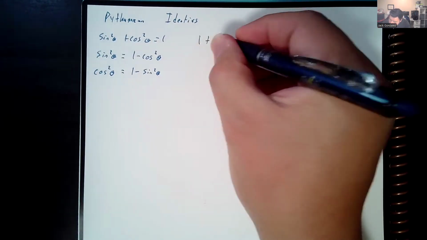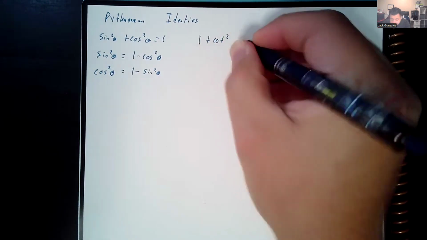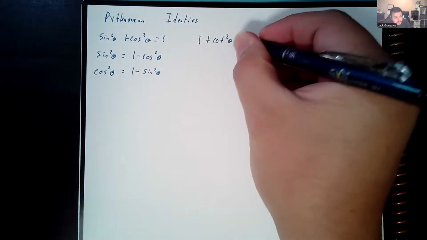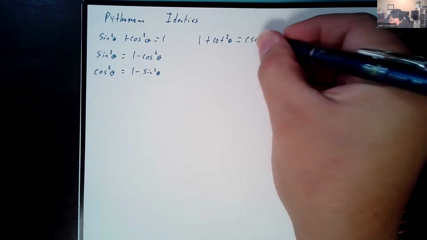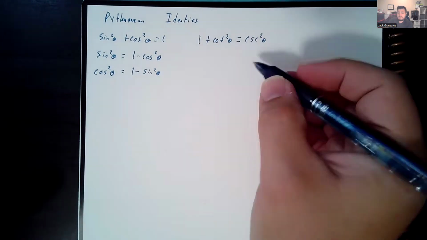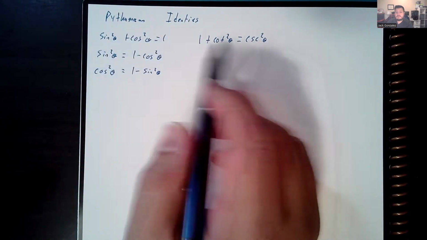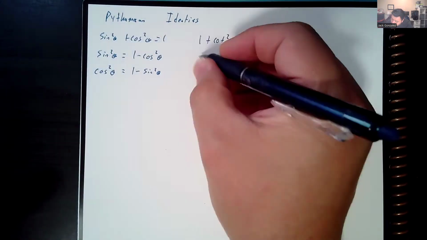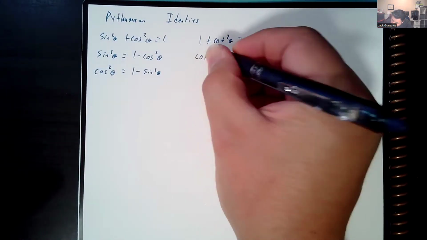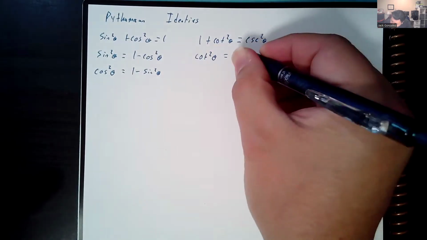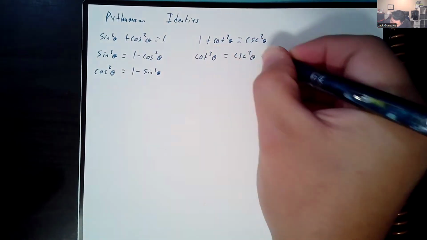So 1 plus cotangent squared theta is equal to cosecant squared theta. Once you have that, by dividing everything by sine squared, just move things around and get two more. So cotangent squared theta is equal to cosecant squared theta minus 1.